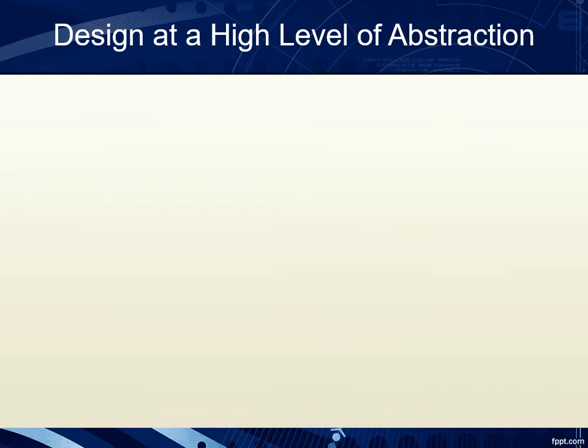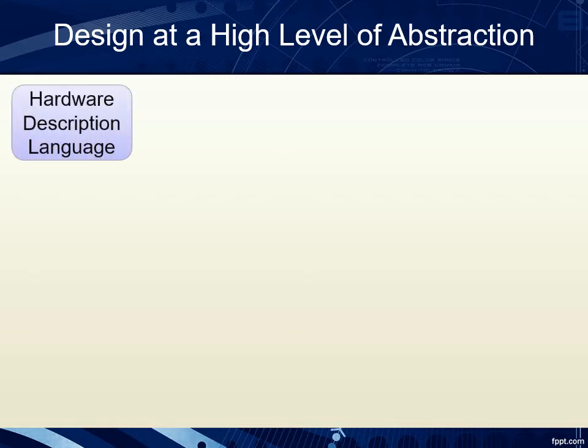So how do we arrive at a standard cell implementation? Because of course, before you know exactly what are the blocks that you need, first you need to design the complete chip. The typical sequence that has to be done begins with a design at a high level of abstraction, typically using hardware description language.